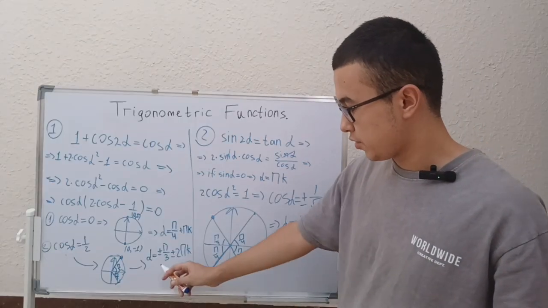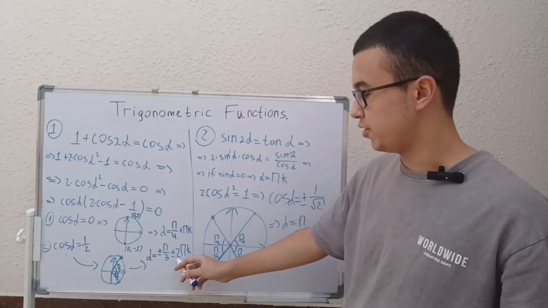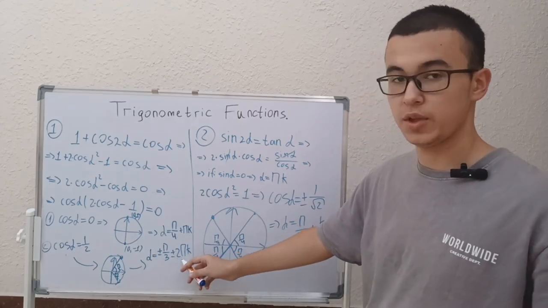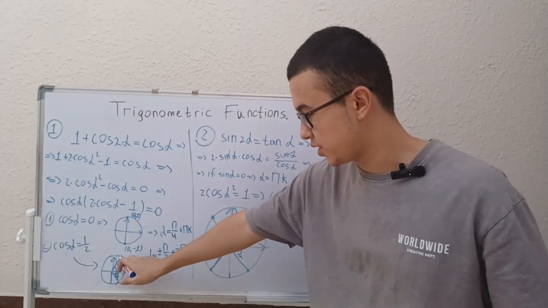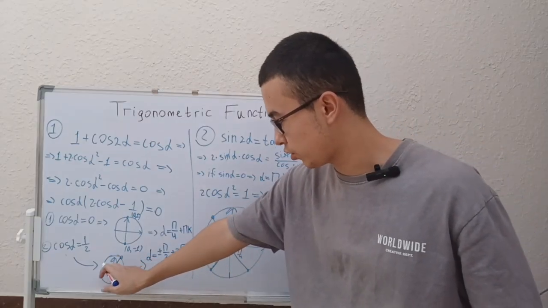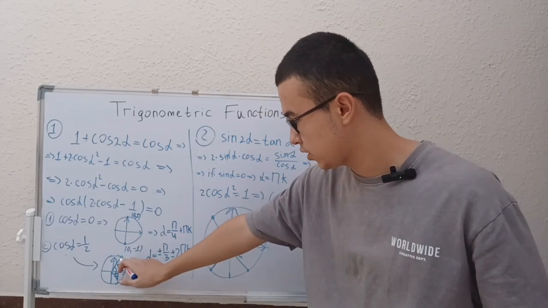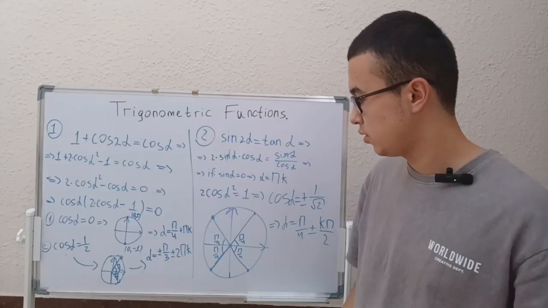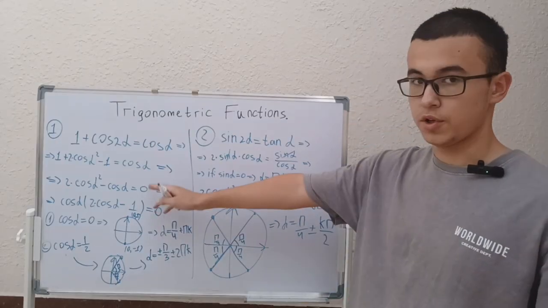So our answers are plus minus pi divided by 3 plus 2 pk. Why do we add 2 pk? Because from that point we can turn fully around the circle and come back to the same point again. So that was the first problem.